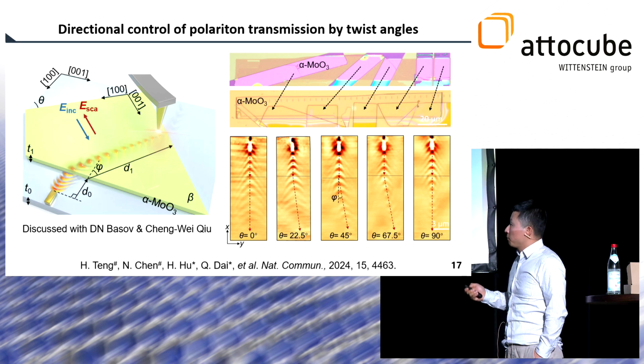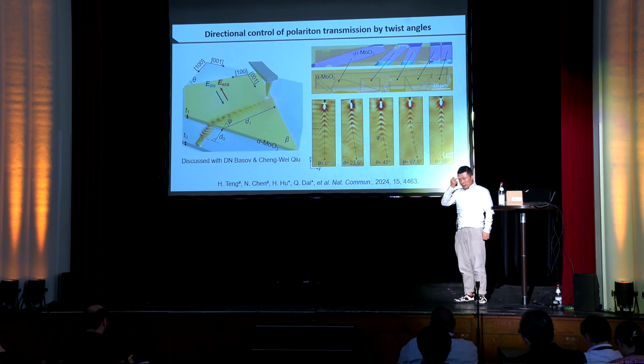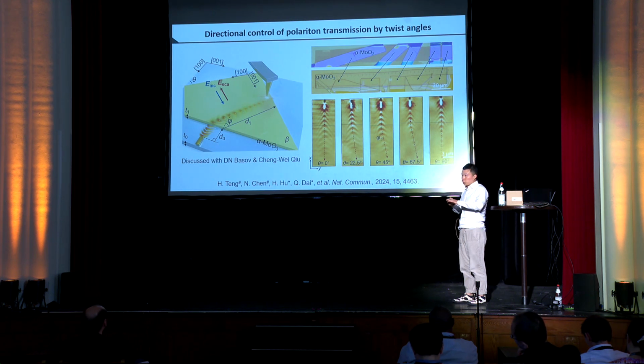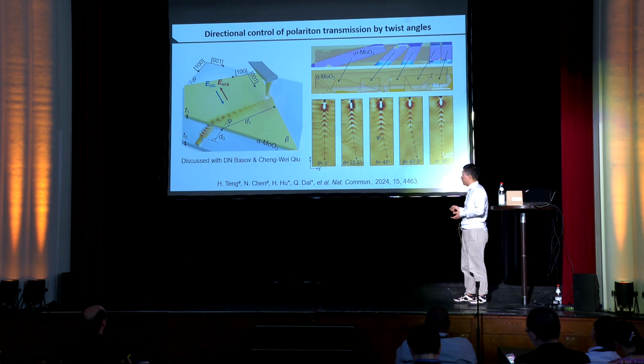This morning a lot of people talked about this twisted MoO3, right? So in the last case, we used graphene and MoO3 topological polaritons to do the negative refraction. So next, we are also thinking about how we can use these twisted topological polaritons to make some optical devices.